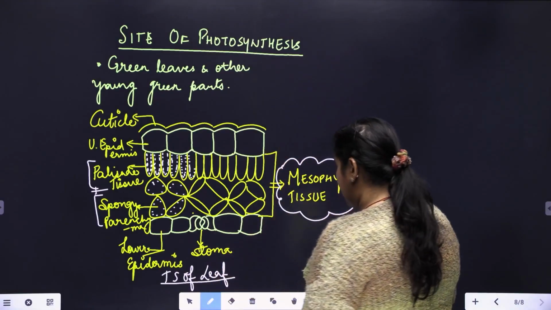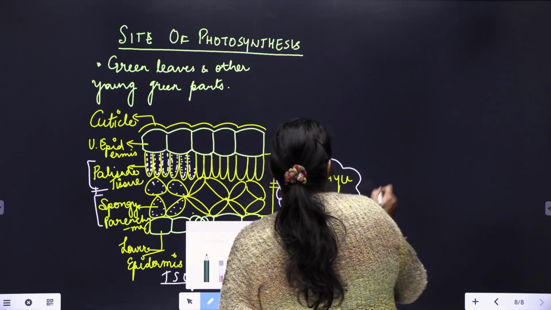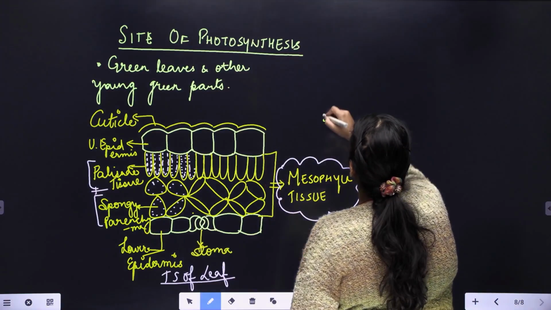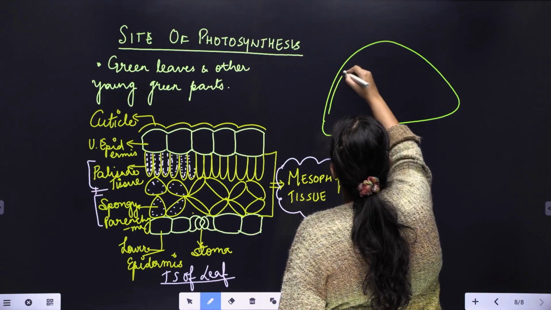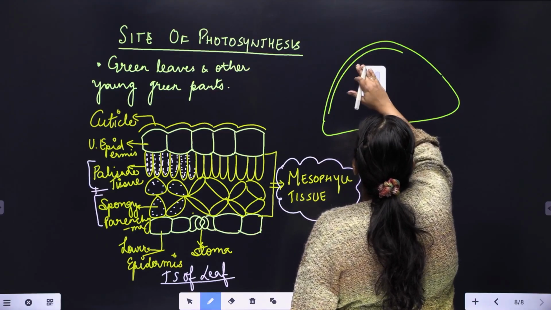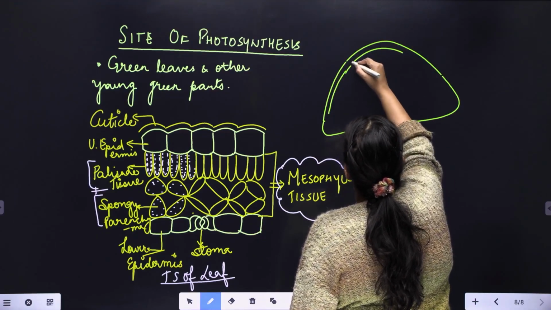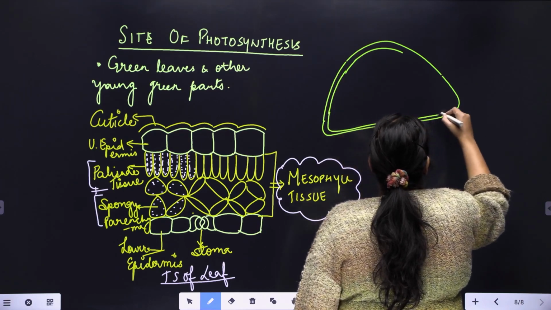So now let us talk about the chloroplast. How does this chloroplast look? This chloroplast is a double membranous organelle. So this is the outer membrane. This is the inner membrane.